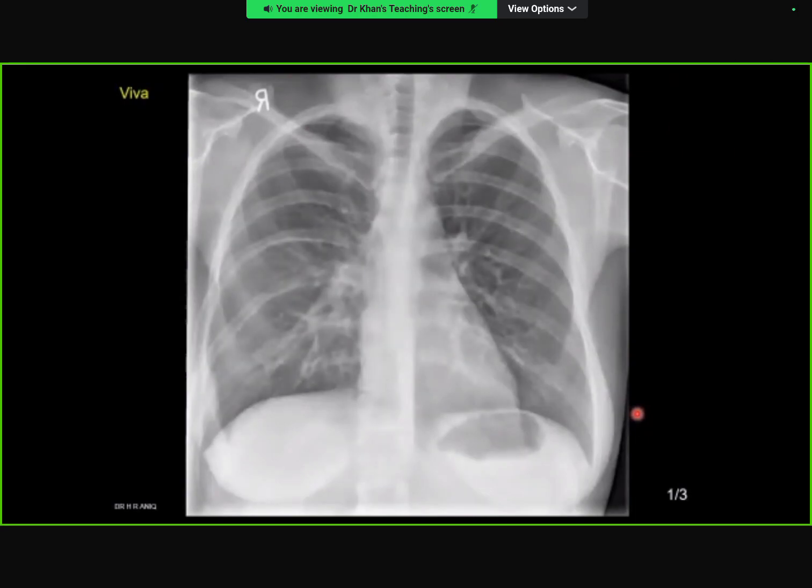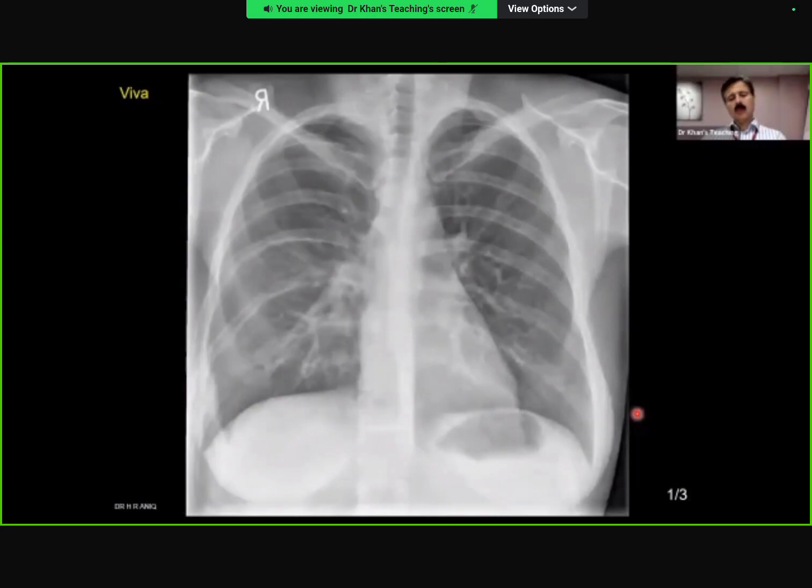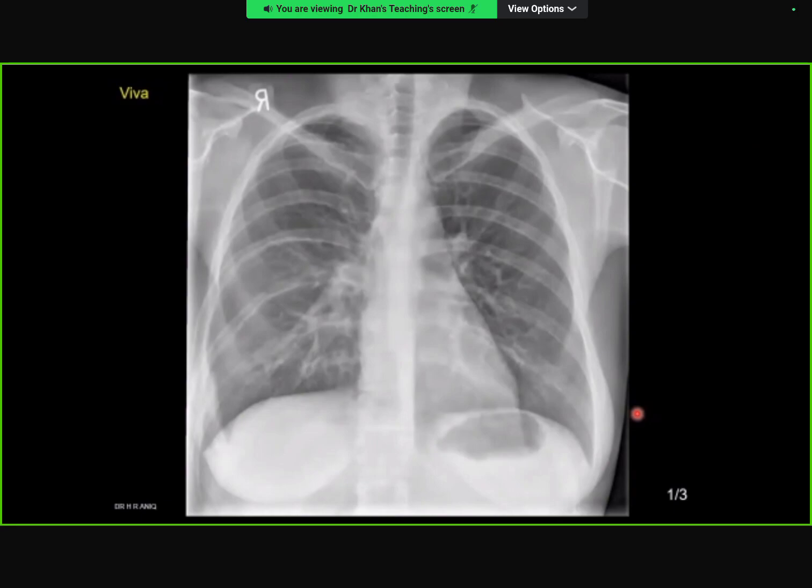So this is a frontal chest radiograph of an adult patient. I don't see any acute focal lung lesion. So going through review areas, abnormalities not striking.